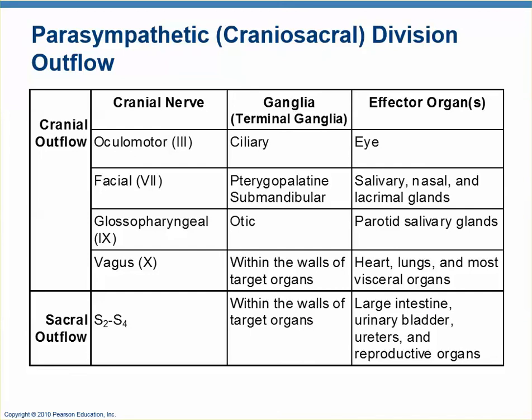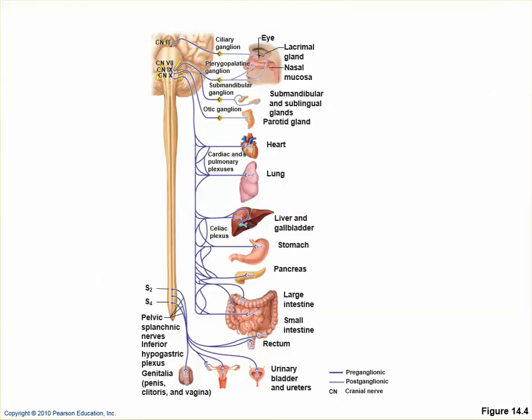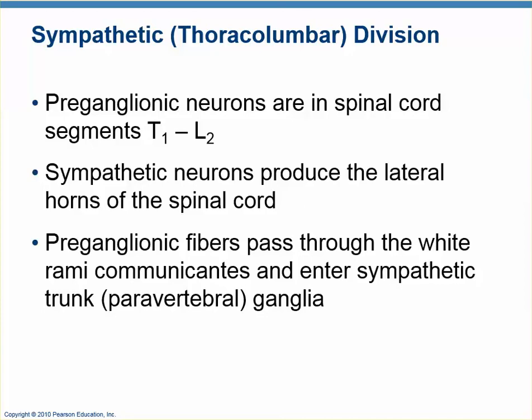So I've already said when we talked about the cranial nerves that the parasympathetics start in cranial nerve 3, 7, 9, and 10. The sacral are 2, 3, and 4. And this is a kind of a map of where it goes. The sympathetic, thoracolumbar, the preganglionic start in T1 down to L2.